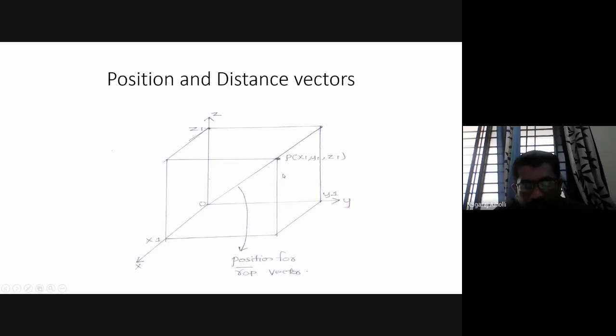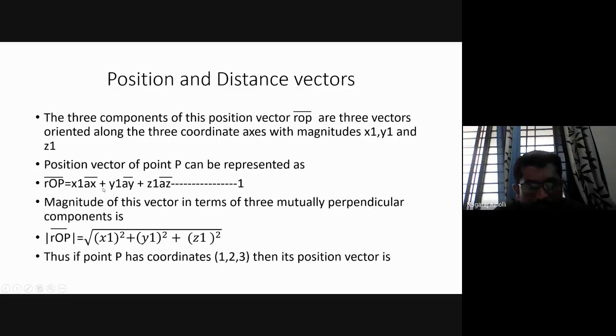So it is given by x1 ax bar, that is in the x direction, plus y1 in the y direction, that is ay bar, and z1 in the z direction, that is az bar. Now we know how to find the magnitude of the vector, right?